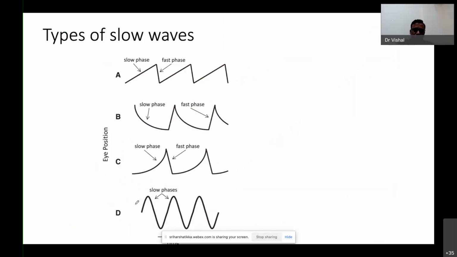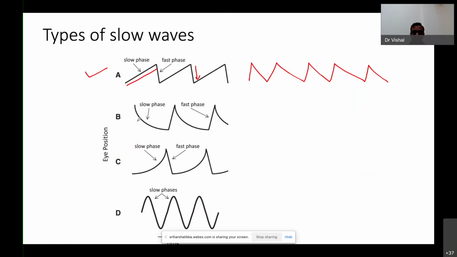Now coming to the types of slow waves, as we were discussing, the slow wave could be of linear velocity, or this is left beating nystagmus, as I told. If it is a right beating nystagmus, it will appear like this. Now this is about linear velocity, which is seen in defect of the vestibulo-ocular pathway.